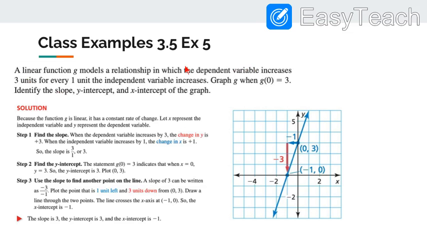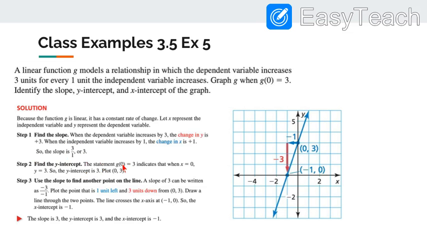If the relationship is increasing 3 units every time the independent variable increases by 1, that means we're going over 1, up 3. If we have to go backwards, then we would say back 1, down 3, back 1, down 3, because as we go forward, it's over 1, up 3, over 1, up 3. So that's how we get our slope of 3 over 1. Then our y-intercept.